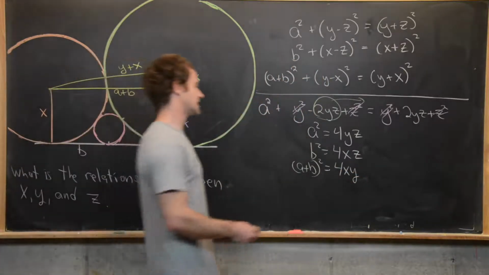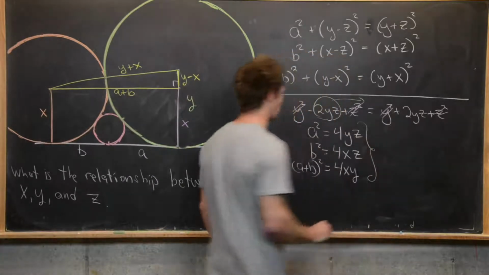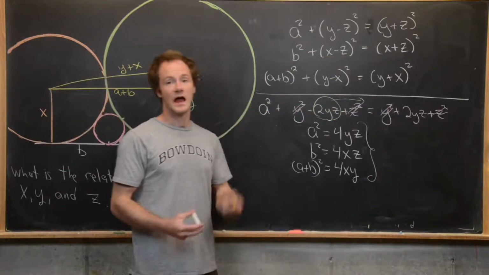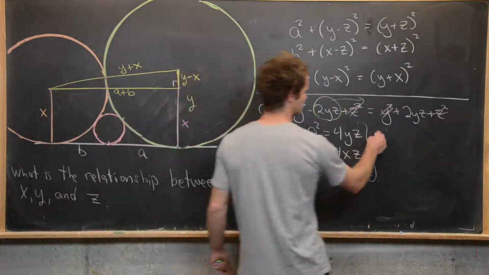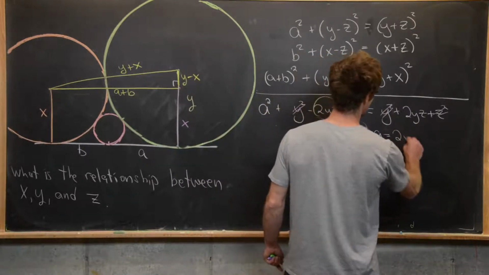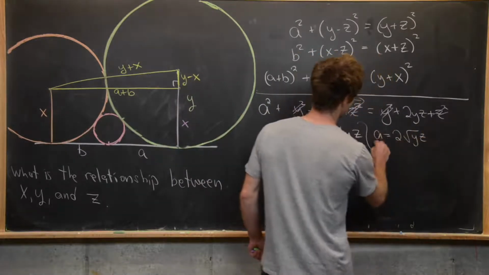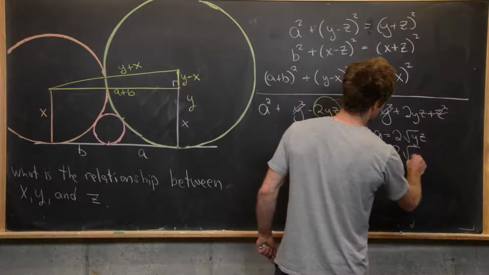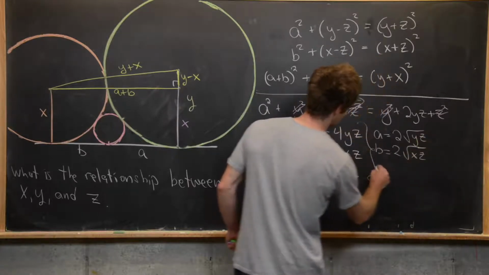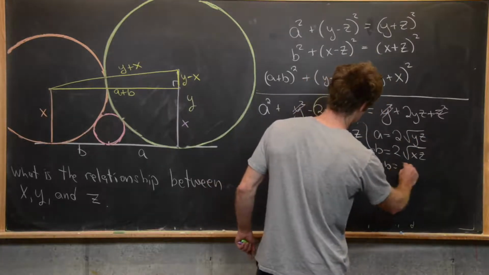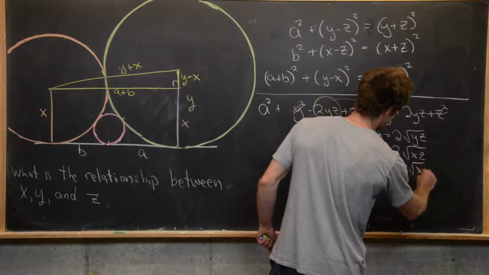Great. And then the next thing that we can do is take the square root of all parts of this. And when we take the square roots of all parts of this, we'll have a equals 2 root yz, b equals 2 root xz, and finally a plus b equals 2 root xy.